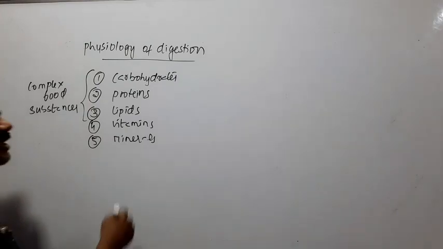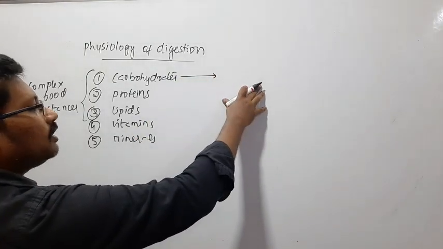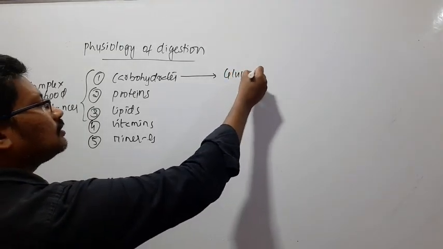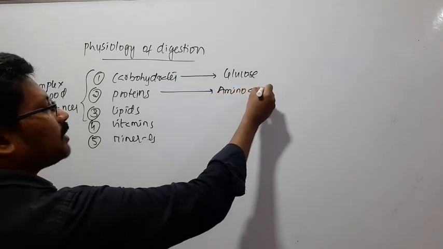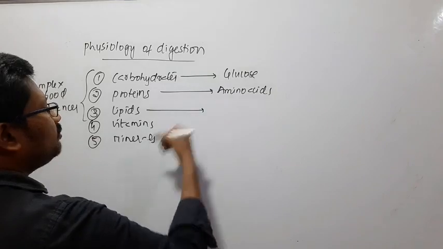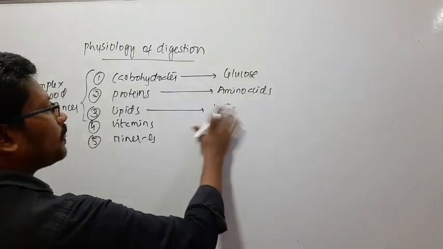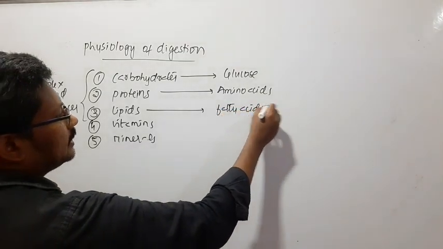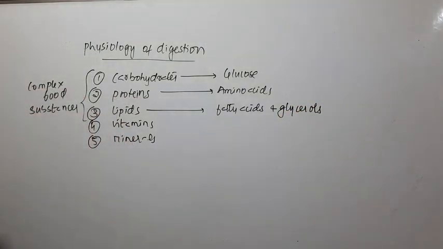Once the digestion is completed, the carbohydrates will yield the simpler food substance we call glucose, whereas proteins will release amino acids, and the lipids will release fatty acids and glycerol.